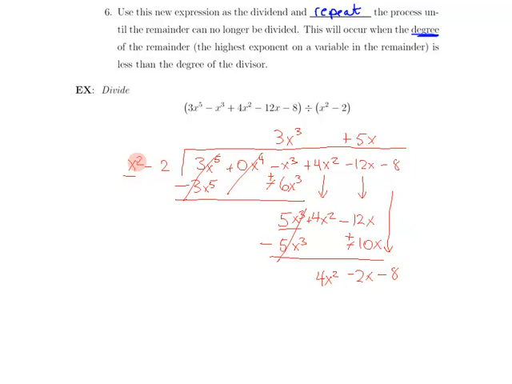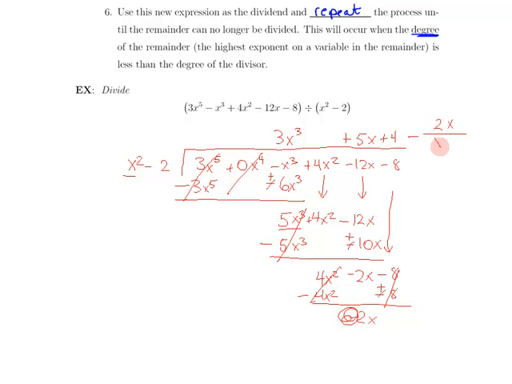4x squared divided by x squared is plus 4. So 4 times x squared is 4x squared. 0 and then minus 8. So change my signs. Combine. Those subtract out. So I have minus, and then I put 2x. I put a minus here because of the minus that's down here.